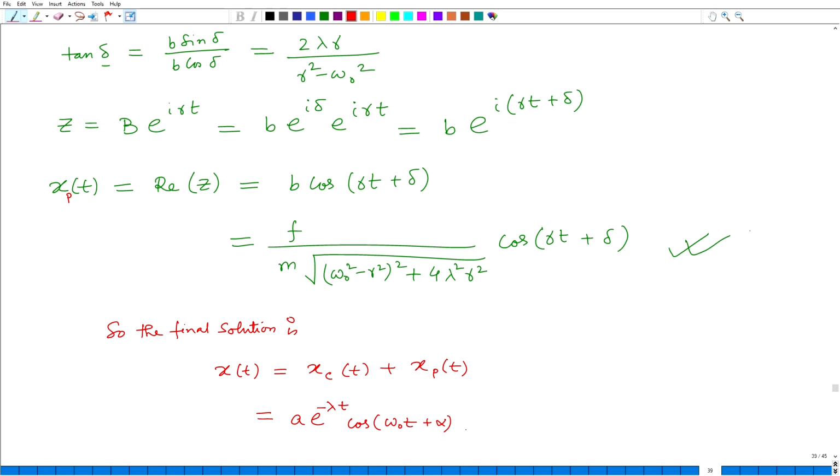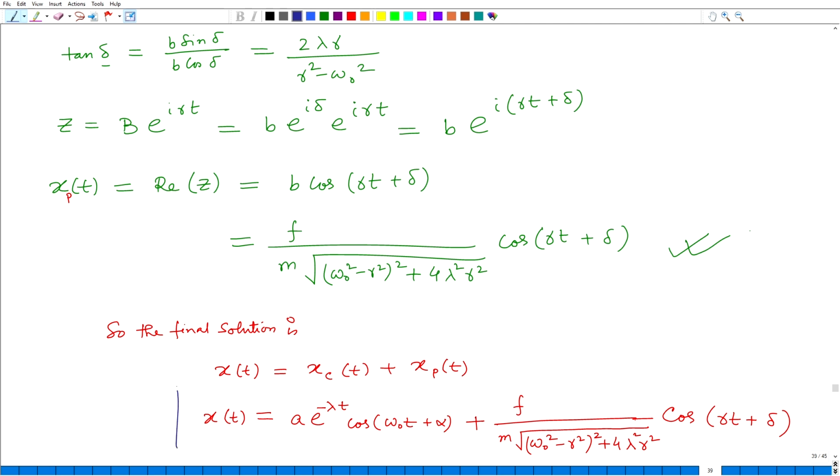Alpha is some initial phase for the displacement, without forcing, plus B, which is now f by m root over (omega 0 square minus gamma square) whole square plus 4 lambda square gamma square. Then I can say cos(gamma t plus delta), and this finally completes my purpose.